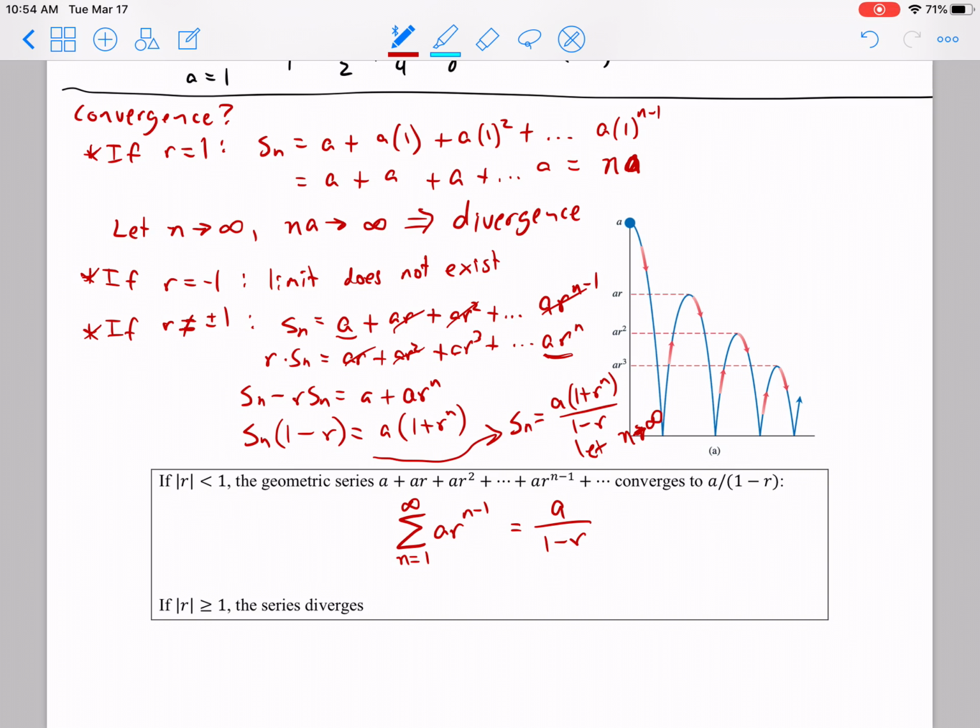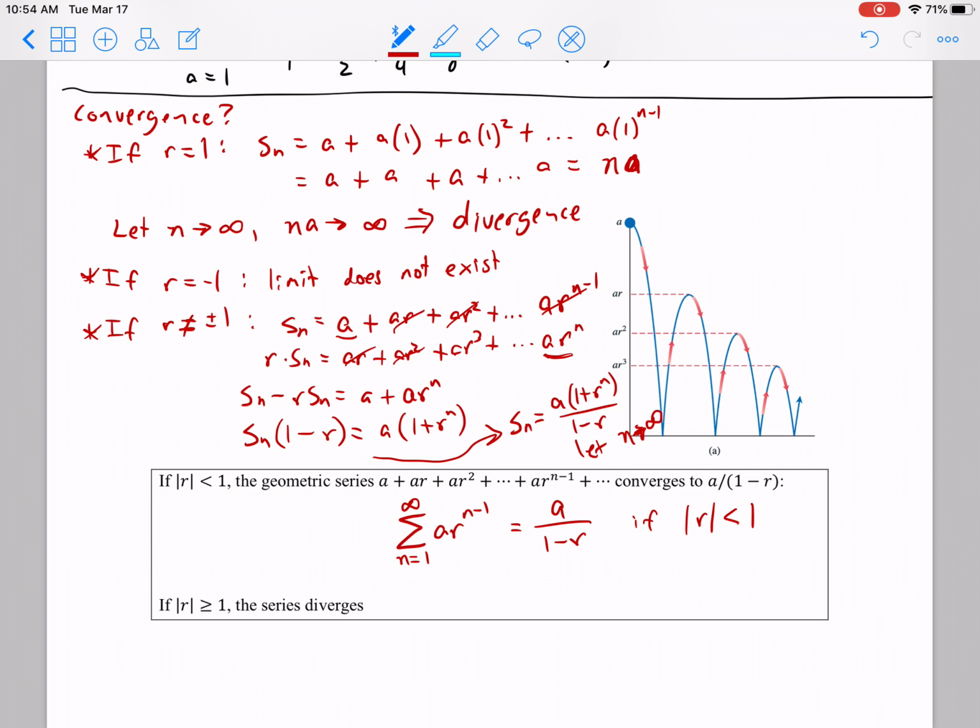This is if the magnitude of r is less than 1. So in other words, r is a fraction between negative 1 and 1. If the magnitude of r is greater than or equal to 1, then the series diverges. So this is a very important result for you to know, so make sure that you have that down.